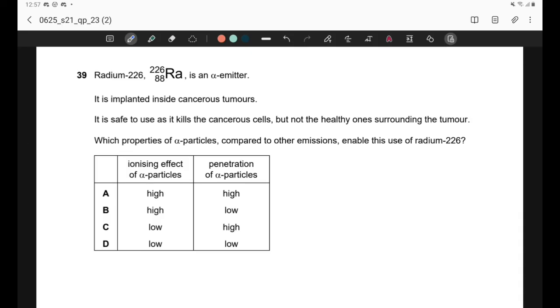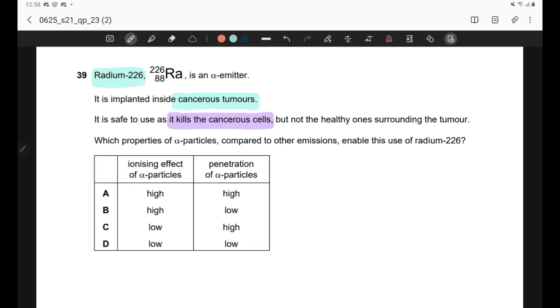Which properties of alpha particles compared to other emissions enable this use of radium-226? So, radium-226 we can use to treat cancerous tumors, and it is a suitable element which will kill the cancerous cells but not the healthy ones surrounding the tumor.